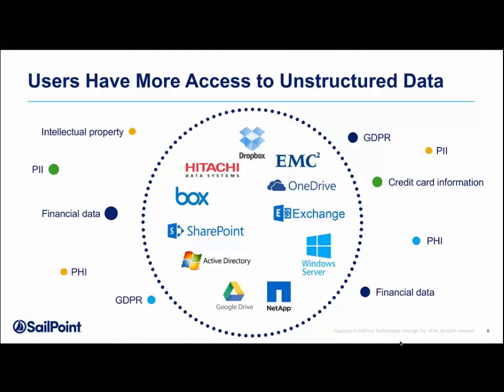And finally, the other big area that we're seeing really creates some challenges within the identity and access management side is access to unstructured data. I would imagine that your organization is much like all of the other ones that we see, where collaboration is an important aspect of how users get work done.